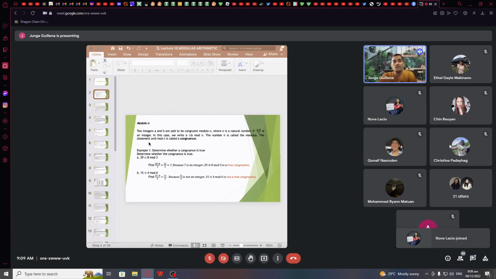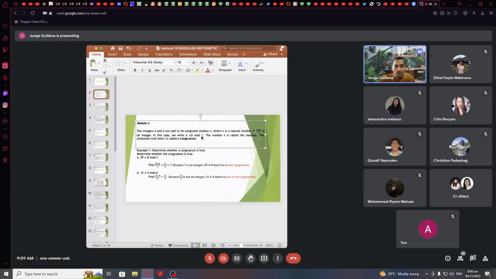It could be negative or positive, as long as it is an integer. In this case, we write a is equivalent to b modulo n. The number n after the word mod or modulo is the modulus, and the statement is called the congruence. So a is congruent to b modulo n.